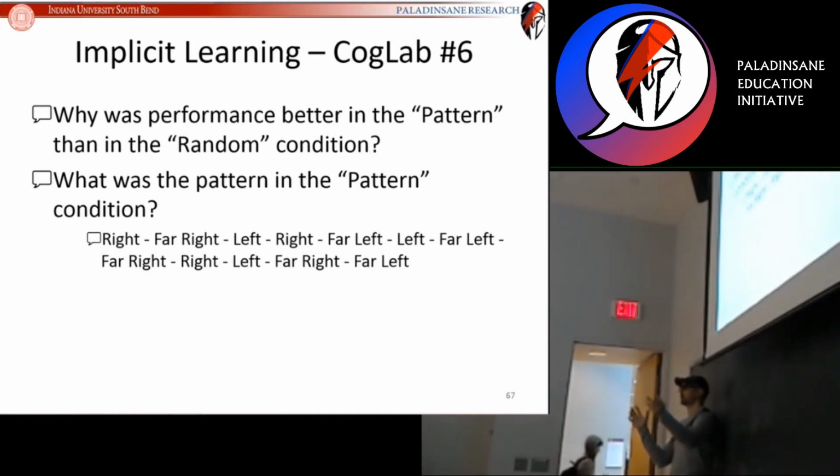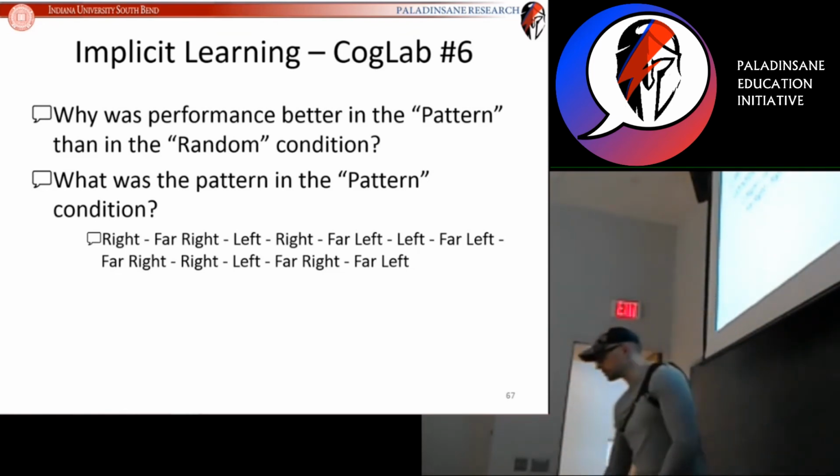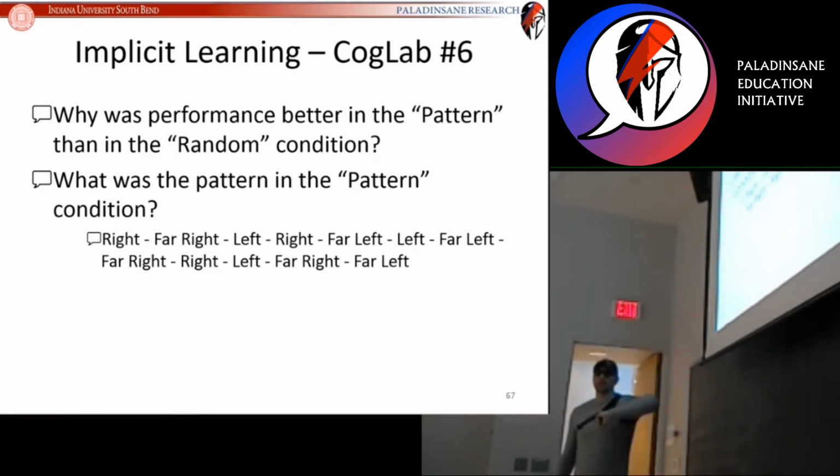Your brain imposes order on them, and different people's brains will impose different types of order, and that's why the Yanny versus Laurel thing blew up, because half the people heard Yanny, half heard Laurel. It's the same pattern, but one person's mind imposed a certain type of order, another person's mind imposed a second type, and when we get to language processing, we'll see exactly what was going on.